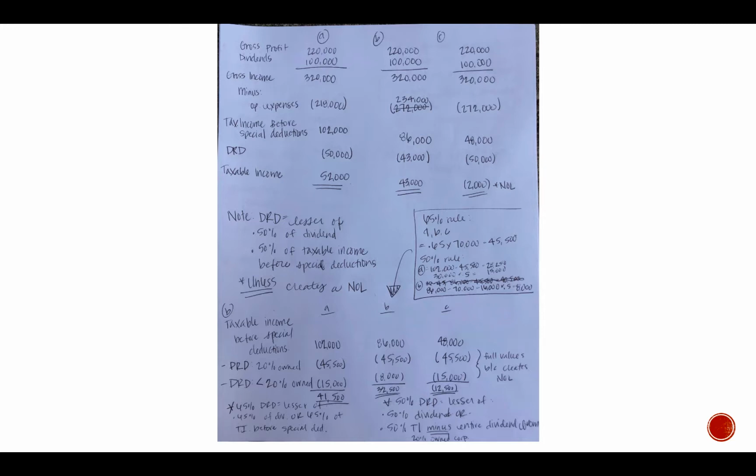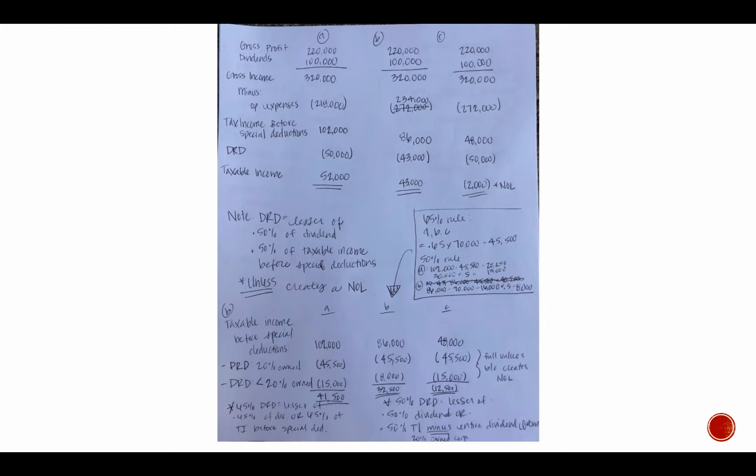So the limit would be 65% of the dividend or 65% of the taxable income before the special deduction. So in Part A, 65% of $70,000 is $45,500. All right, and 65% of taxable income is more than that, of course, because taxable income is $102,000. So we're going to go with the 45,500. That's the limit that's going to apply.